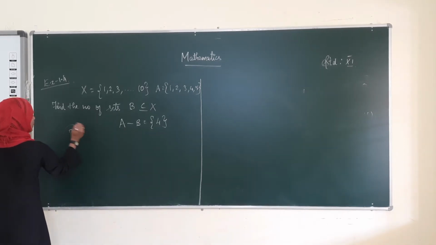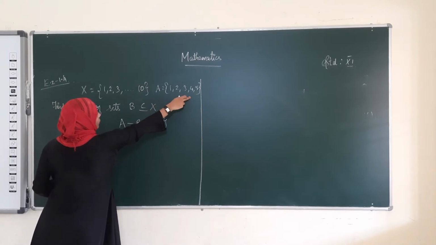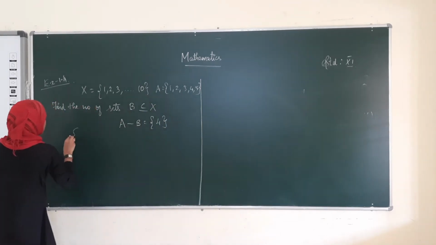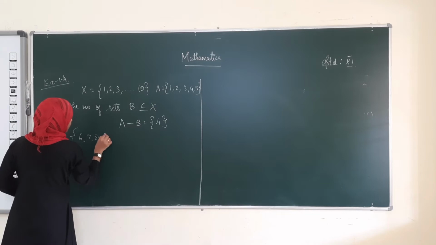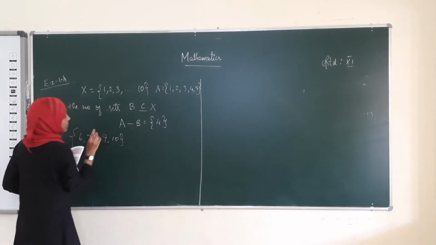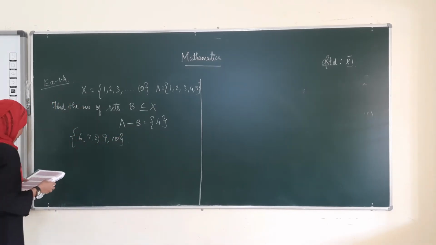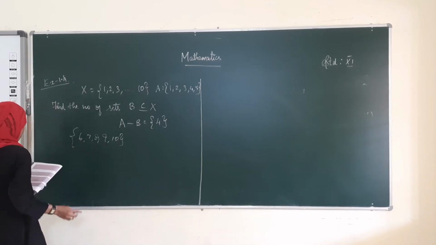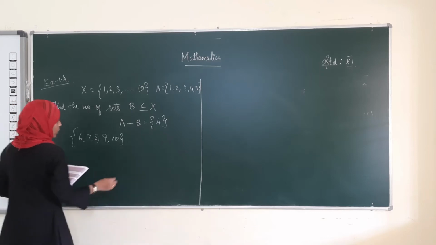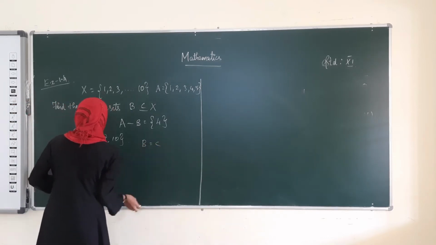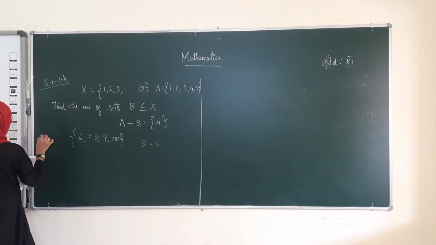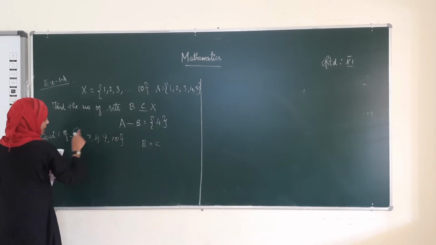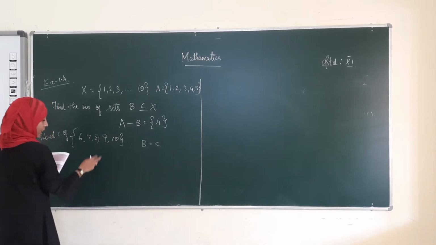See, they have given 1, 2, 3, 4, 5. The remaining terms are 6, 7, 8, 9 and 10. Therefore, from these we should get a subset C, from which B can be written. We are going to take subset C from these terms, 6, 7, 8, 9 and 10.